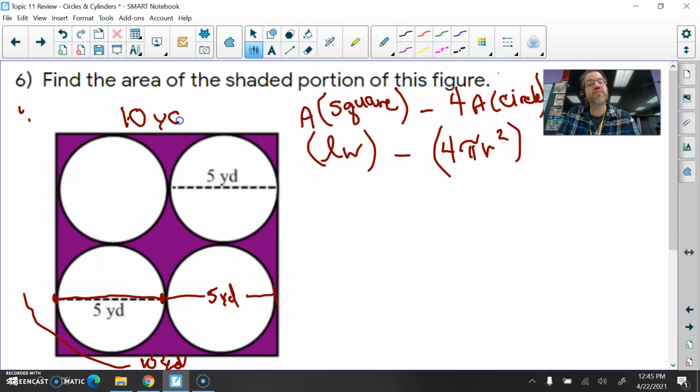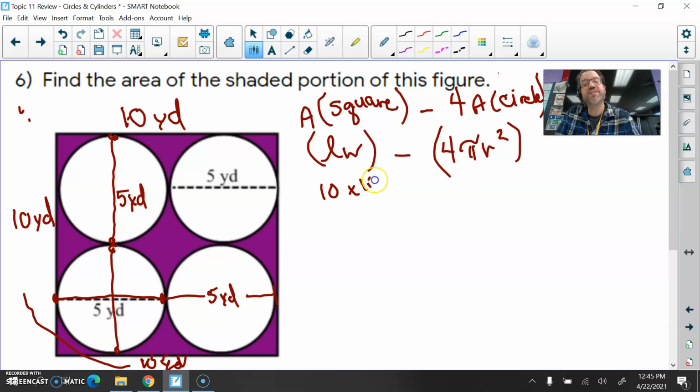And guess what? You can draw that diameter going any direction as long as you pass through the center of the circle. So this is 5 yards. And you could show 5 yards going this way also. So it's going to be 10 yards this way also. This square is 10 by 10 yards. So if I multiply 10 times 10, that'll give me the area of that square, which is 100.